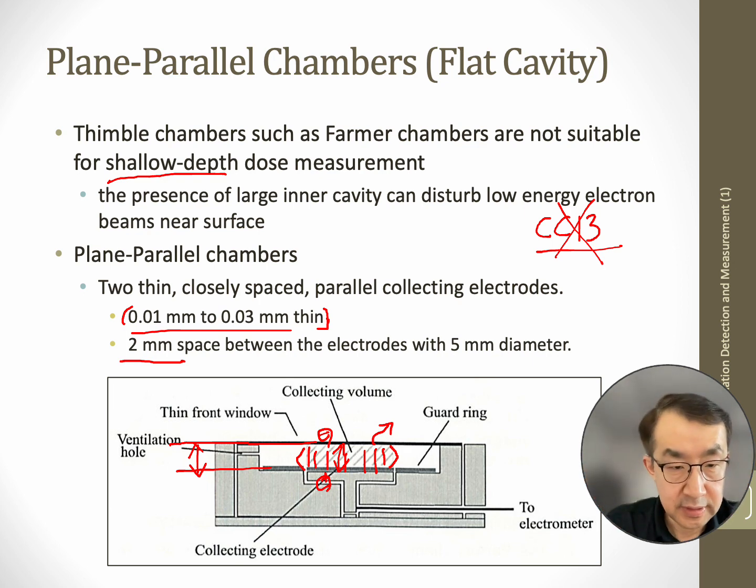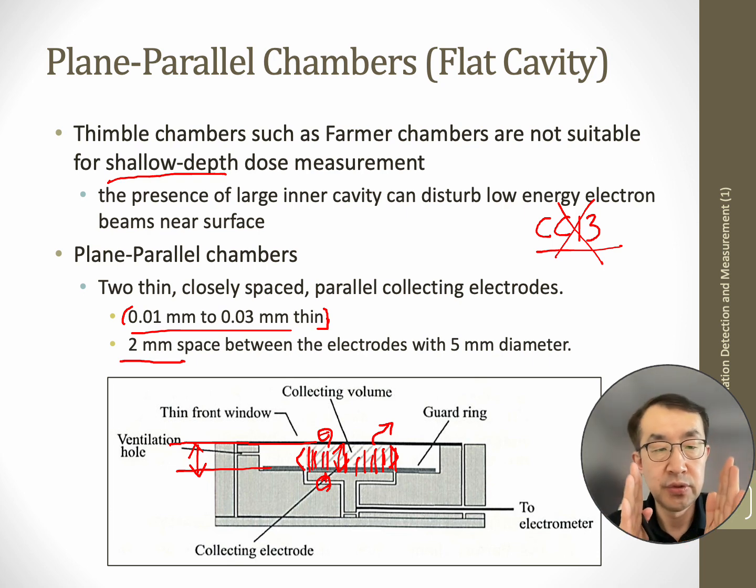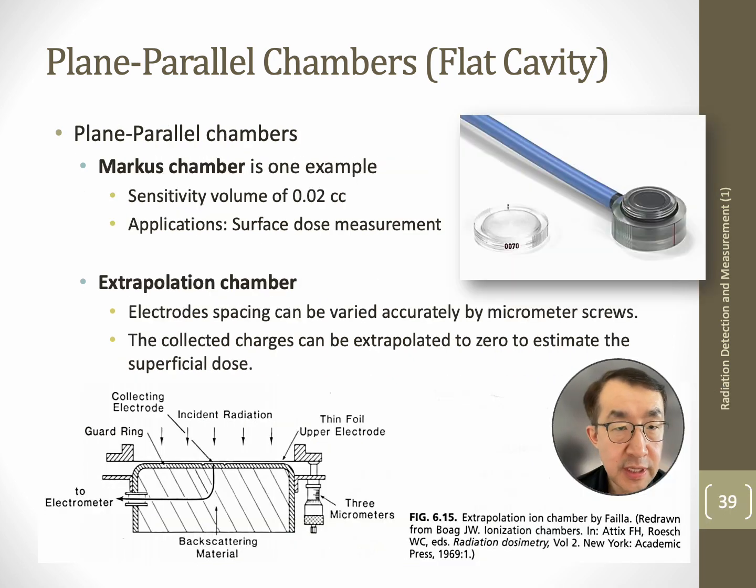But by introducing this guard ring, you can maintain the electric field, at least within this shaded area, straight. So you just measure the events happening within that physical volume. Okay, so here's an example of a parallel plate chamber. The name for this chamber is the Markus chamber.